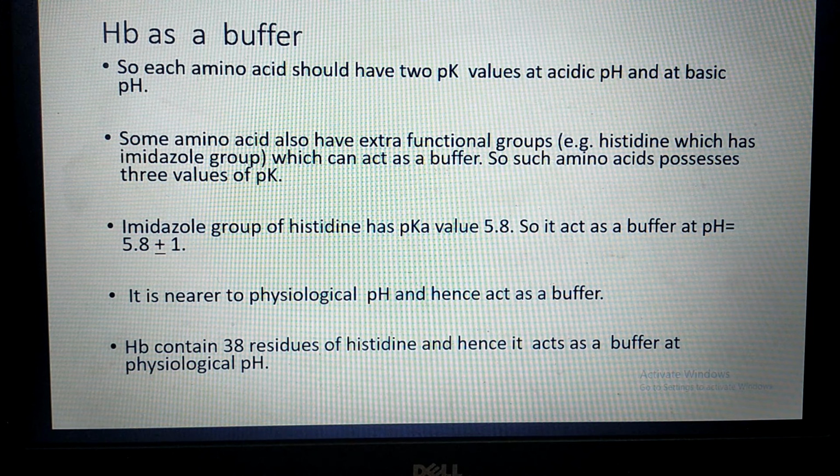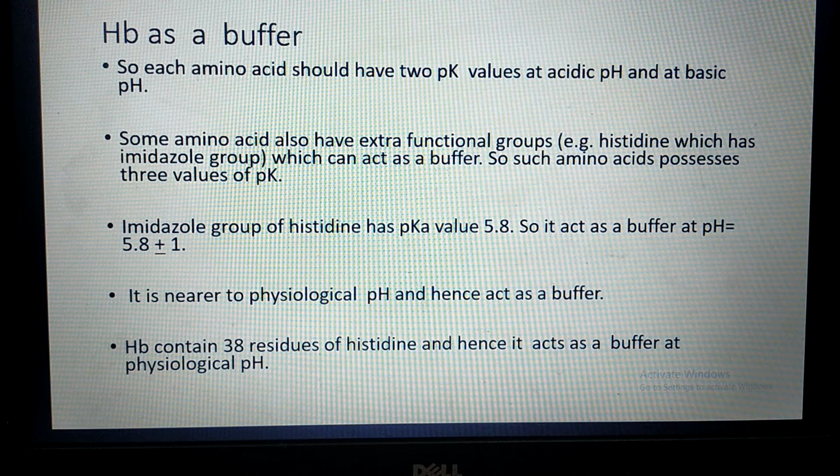Such amino acids possess three pK values: one pK value of the carboxyl group, one pK value of the amino group, and one pK value of the extra functional group. Now this imidazole group of histidine has pK value 5.8, so it acts as a buffer at a pH in the range of 5.8 plus or minus 1.